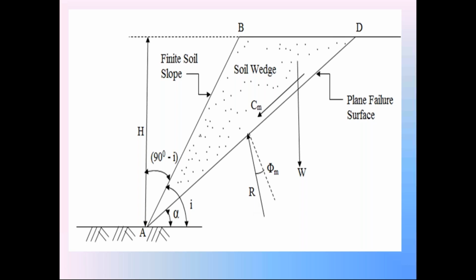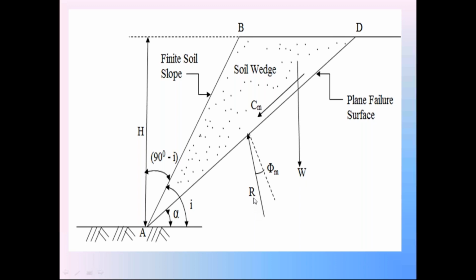It is entirely engineering mechanics. When three forces act on a body and the body is in equilibrium condition, the three forces form a closed triangle. Just at the time of failure, the soil wedge is in equilibrium condition because of this weight W, this cohesion CM, and this resistance R.